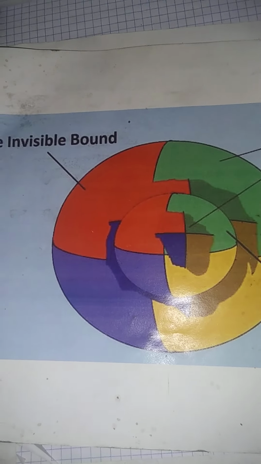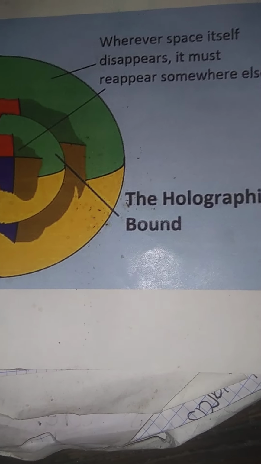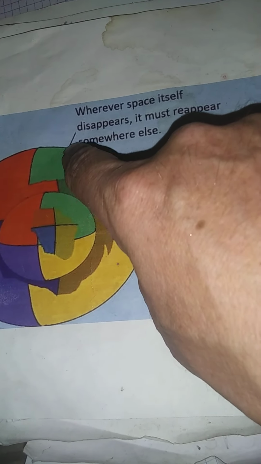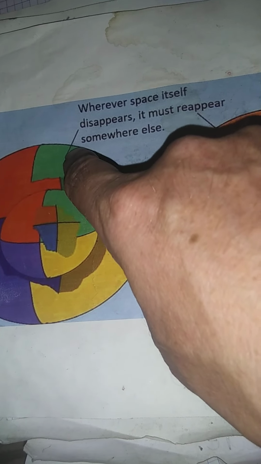But this makes me think of an invisible and holographic bound of not just the universe, but the multiverse. With televisual portals, you can transmit the space that the object rests in. You don't make the object invisible per se.